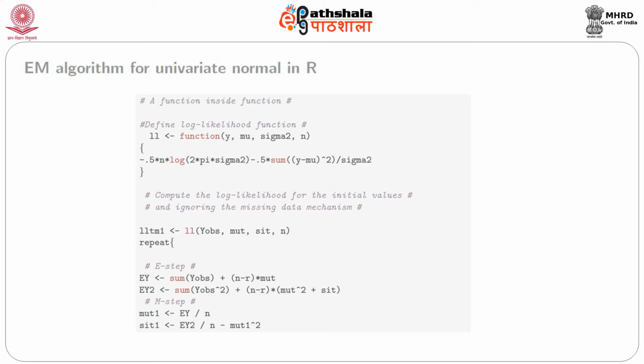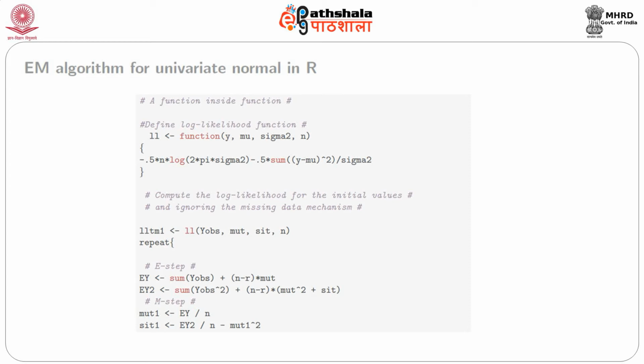This is the standard log likelihood function for a univariate normal, defined as a function within em.norm, and that is LL, which is function of y, mu, sigma square, and n, and then we have the definition of the log likelihood. So, LL is a function which computes the log likelihood for a given mu, sigma square and n.